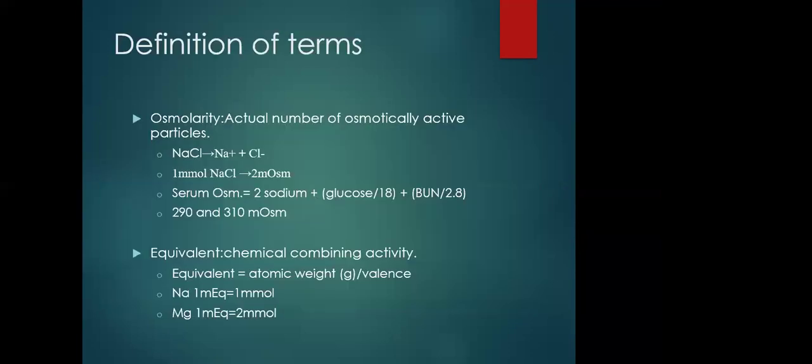A little bit of definition of terms before we proceed. When you hear the word osmolarity, it is the actual number of osmotically active particles available in solution. For example, take sodium chloride. When sodium chloride is dissolved in water, it breaks into sodium ion and chloride ion.